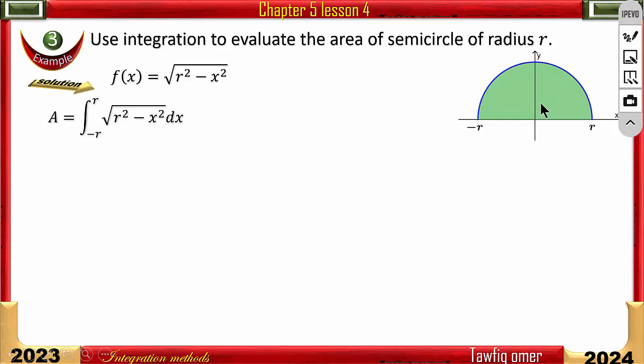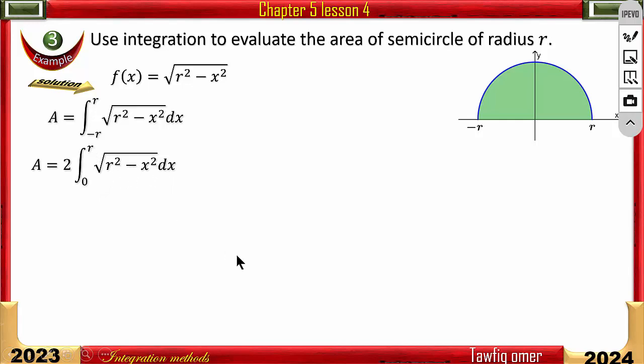And now, as you can see, the left side of y is equal to the right side of y. So we can take only one side and multiply it by 2. So area is equal to 2 times the integration from 0 to r of the square root of r squared minus x squared dx.